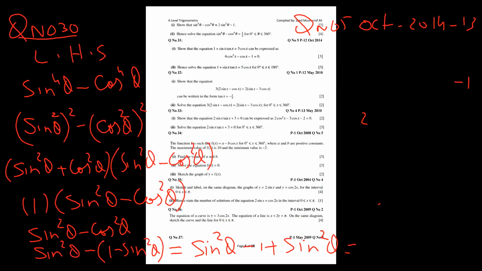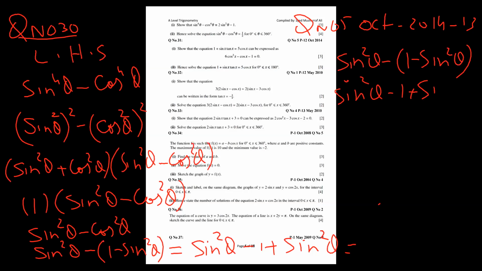So my answer is sine squared theta minus 1 minus sine squared theta. Expand the bracket: minus 1 and plus sine squared theta. And sine plus sine gives 2 sine squared theta. Alhamdulillah rabbil alameen, I have proved my right hand side.